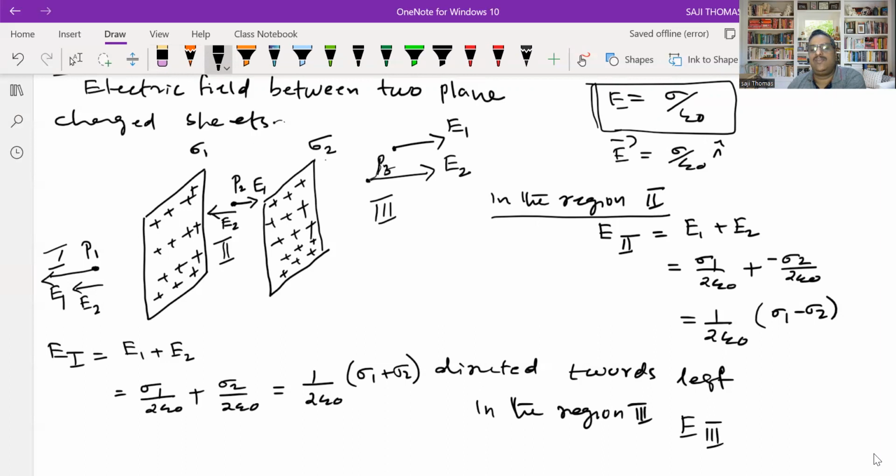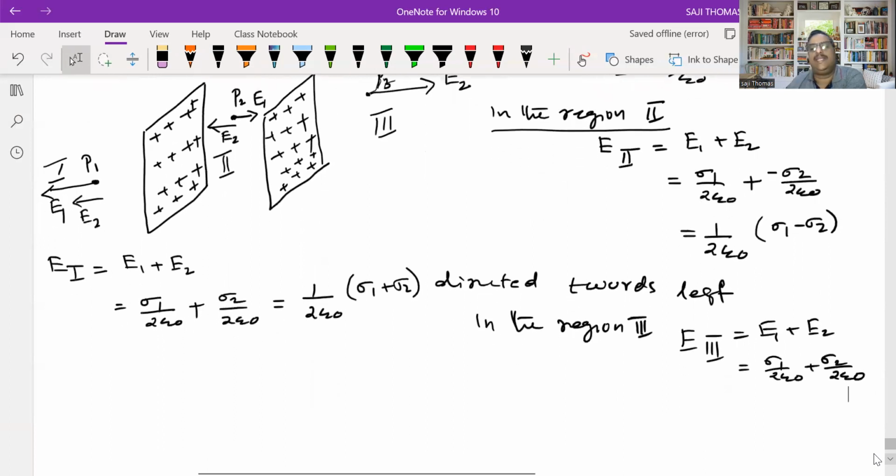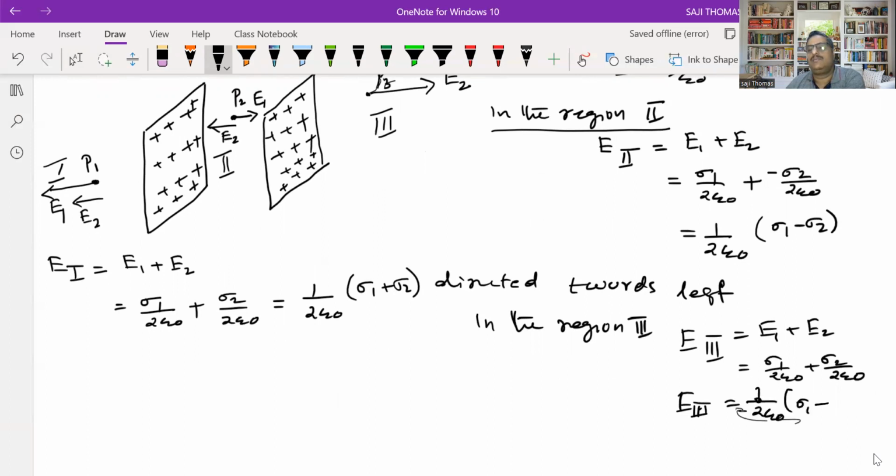Net field E3 equals E1 plus E2. So what can we write? Sigma 1 by 2 epsilon 0 plus sigma 2 by 2 epsilon 0. So the fields add up in region 3. So E3 equals 1 by 2 epsilon 0 into sigma 1 plus sigma 2. This direction is towards right. So we have seen the electric field in the 3 regions.